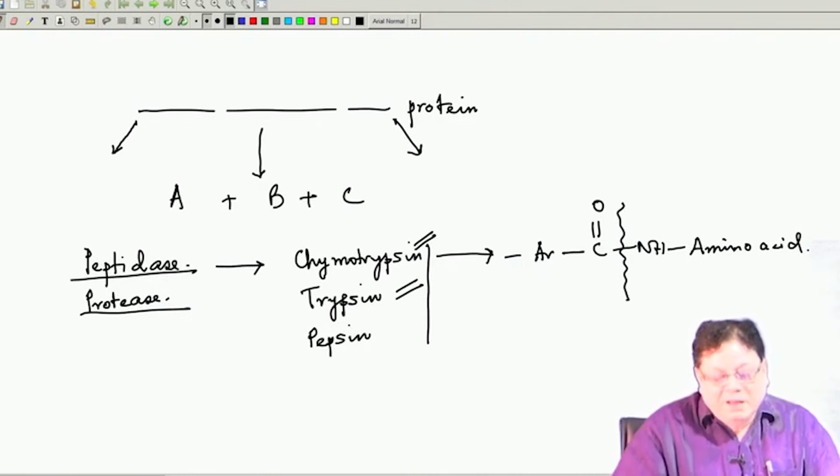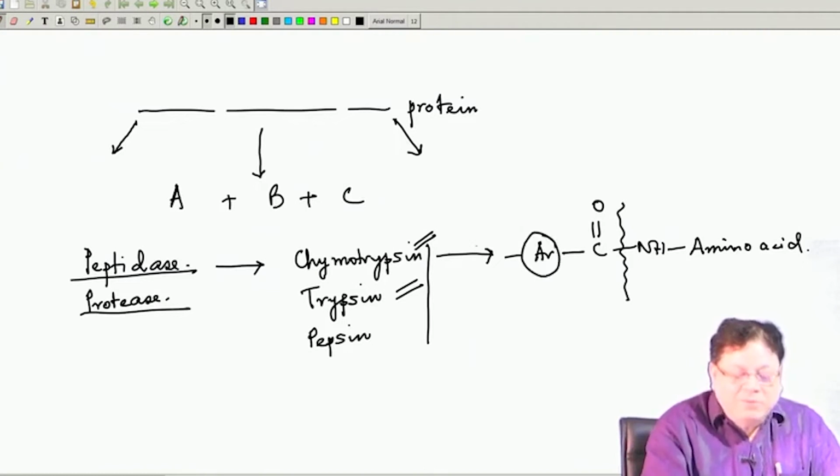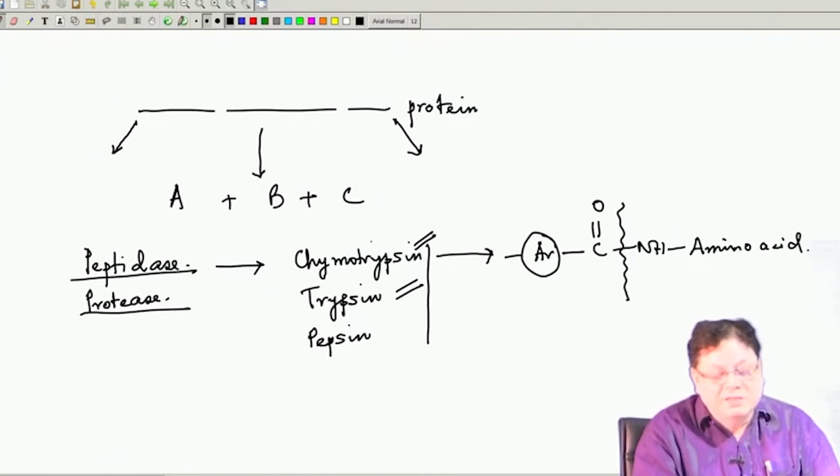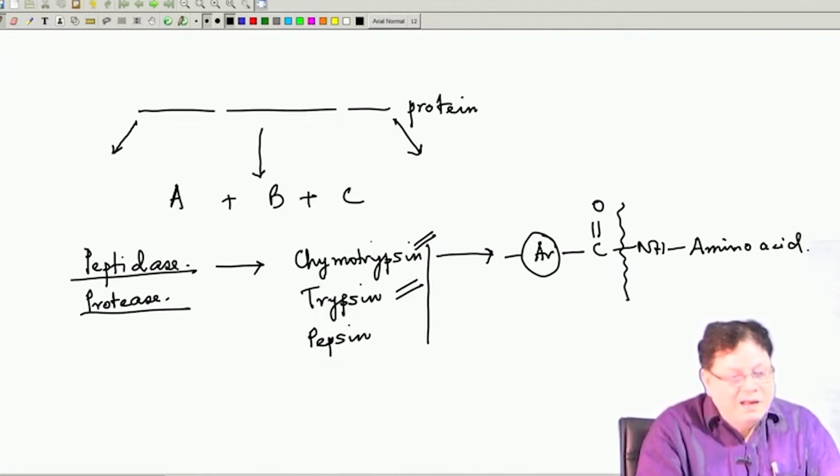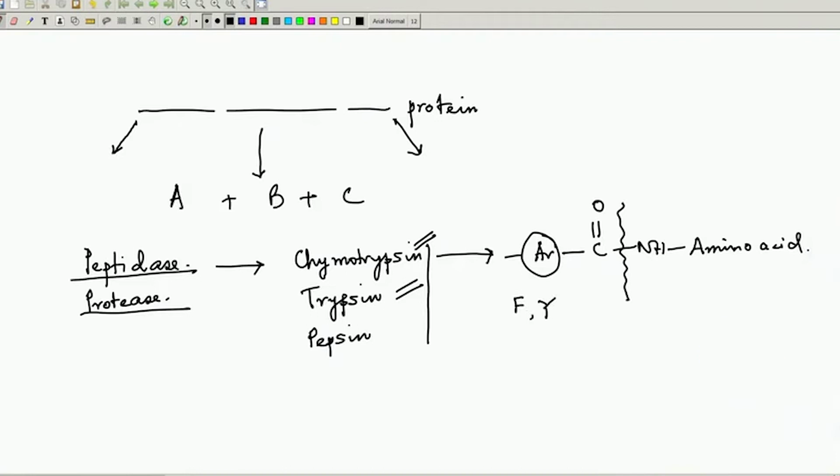It cleaves only when there is phenylalanine, that is one aromatic amino acid, then tyrosine, that is Y, and W, that is tryptophan. These are the 3 aromatic amino acids.